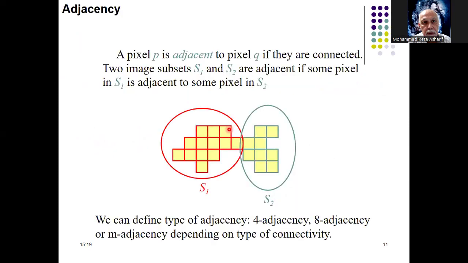Another subject here is the adjacent pixel. A pixel P is adjacent to pixel Q if they are connected. For instance, two image sets, one is here S1, one image is here S2, are adjacent if some pixels in S1 are adjacent to some pixels in S2.